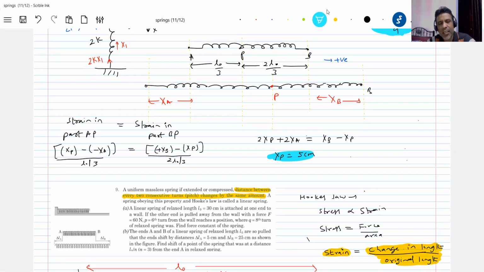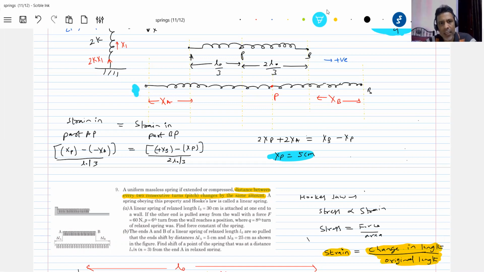The change in length of one part by the length of that part should be constant throughout the spring. Therefore, XB minus XP by BP should be equal to XP minus XA by PA.